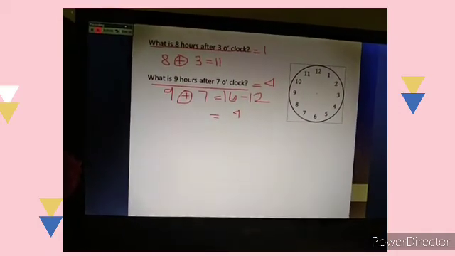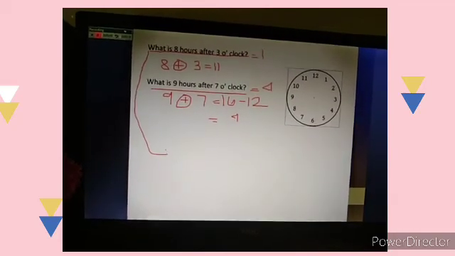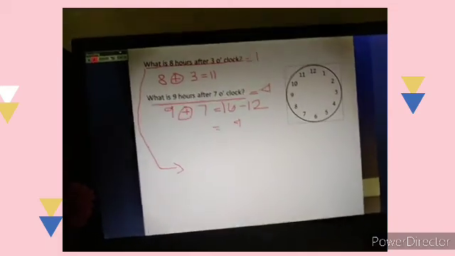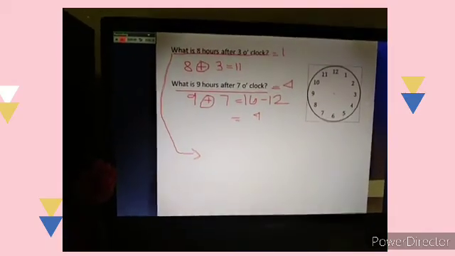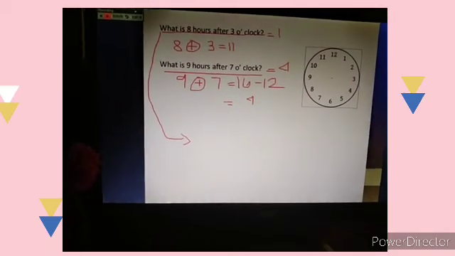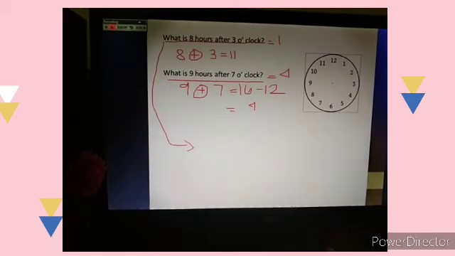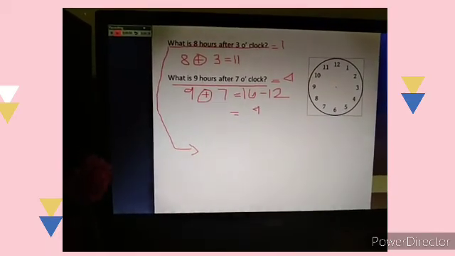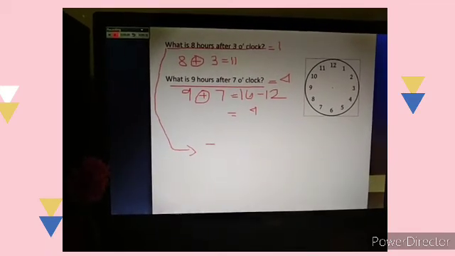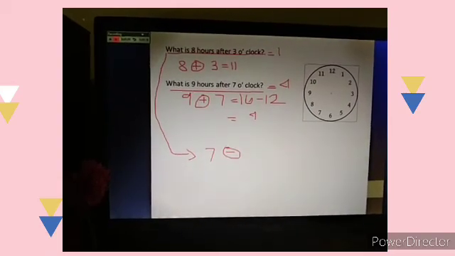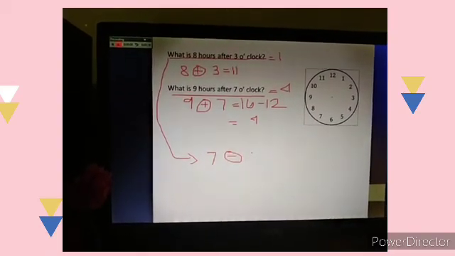More expansion, so you can understand better. Sorry, I'm not good with the computer, so I'm just using my cellphone. So 8 hours after 3 o'clock. And what about 7 hours before, like minus, 3 o'clock?